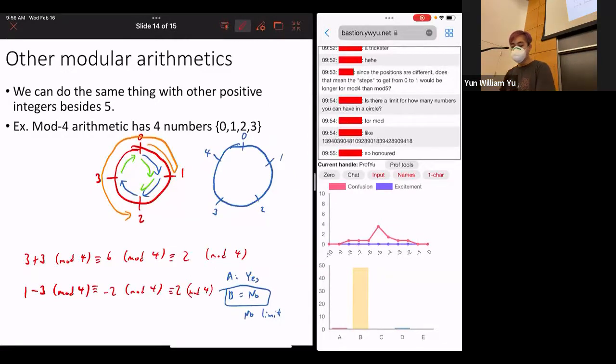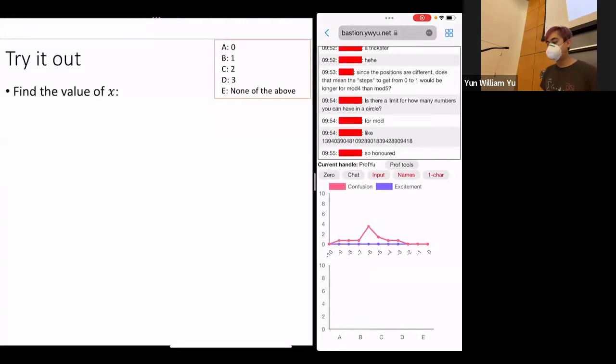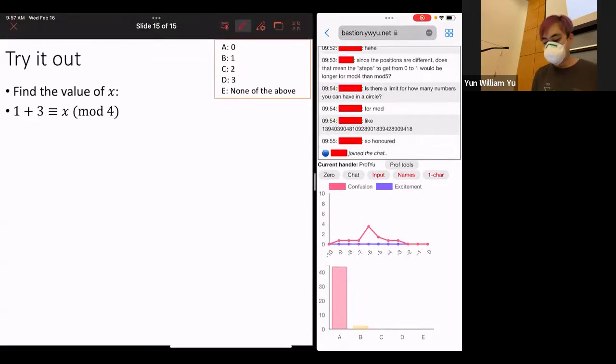And let's have you guys play with this. Let's zero out the chat. So find the value of x. Let's start with this one. Okay, yeah, so this is equivalent to 4 mod 4, which is just equivalent to 0, of course.